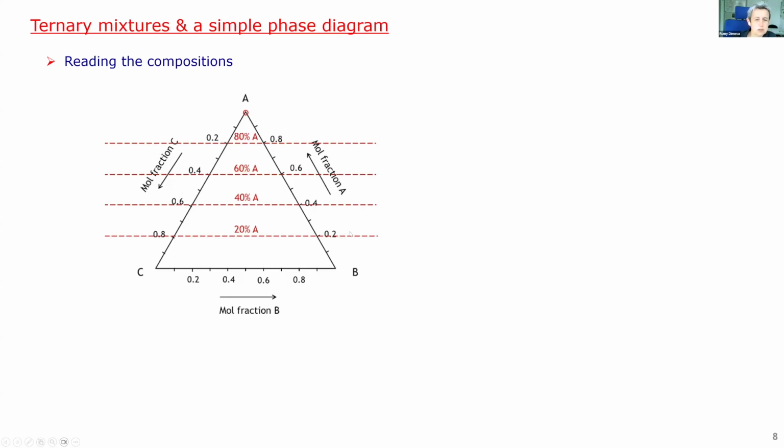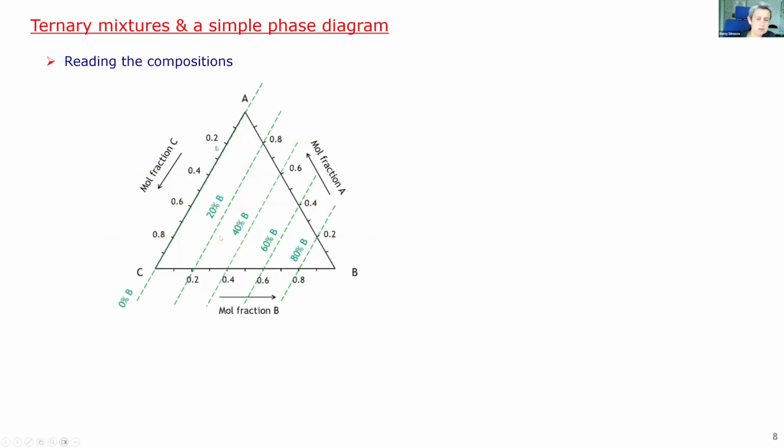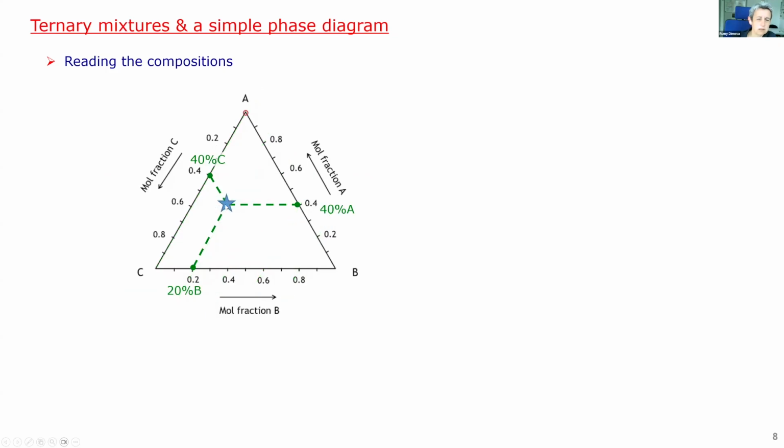The line which is horizontal would have all of these compositions with 20% of component A, and then you go up. The same thing you can do for B. So now if you have a three-component mixture, for example, located here, by plotting such lines parallel to the shoulders of the triangle, you can practically read the composition of each of the three components.